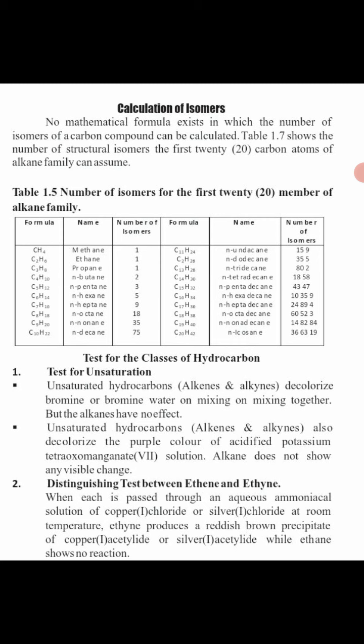The second one: unsaturated hydrocarbons such as alkenes and alkynes decolorize the purple color of acidified potassium tetraoxomanganate(VII), KMnO4. KMnO4 is purple.